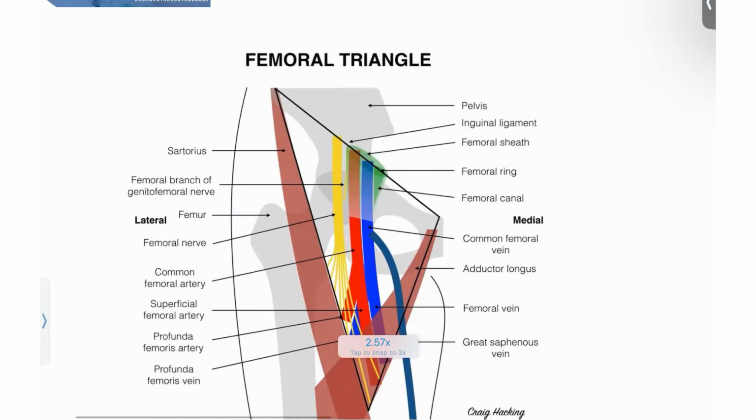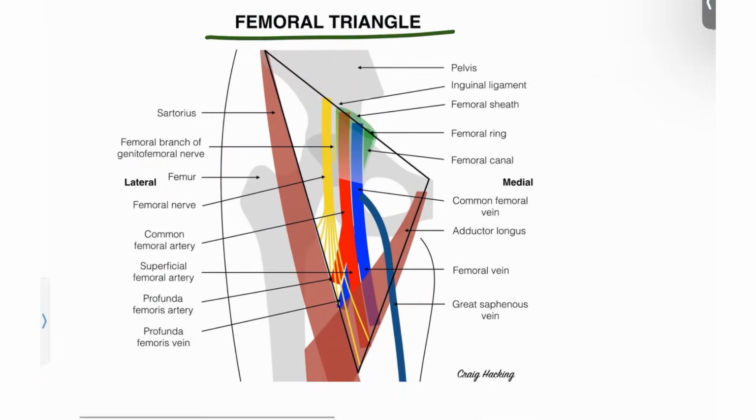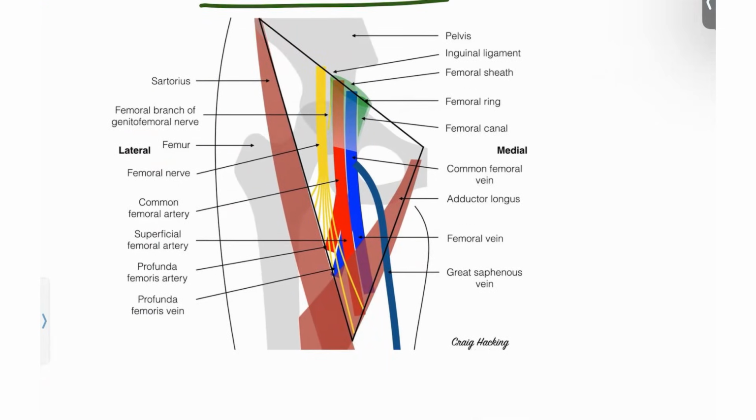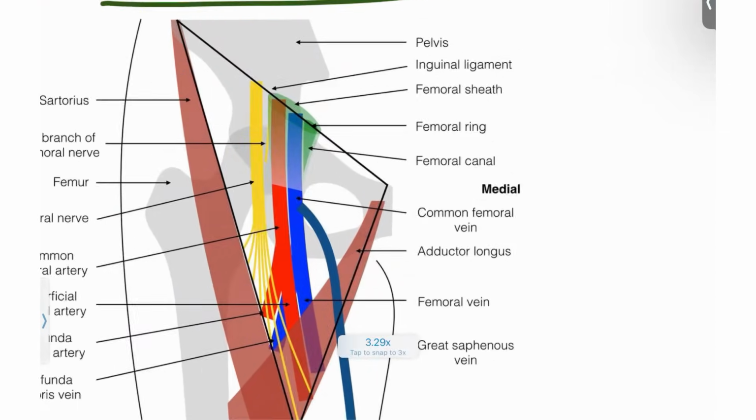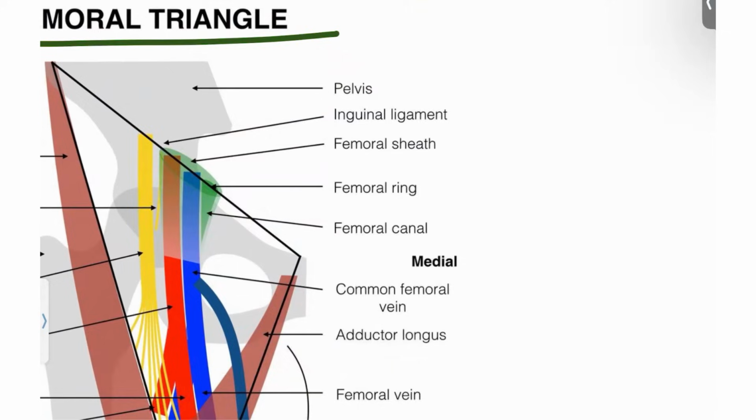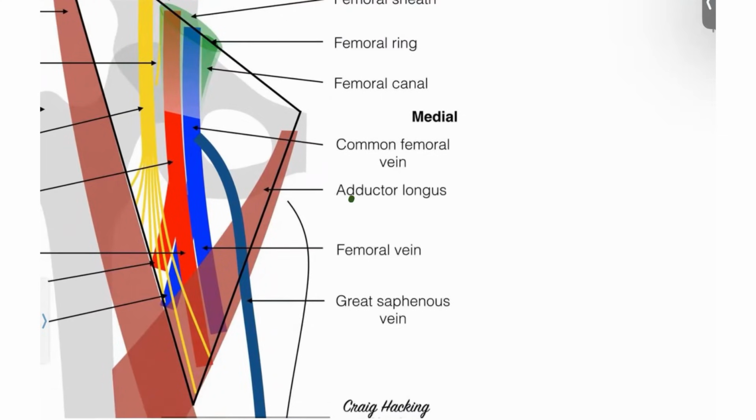Okay, so let's start with the most important triangles and structures. First, you can see this is the femoral triangle, and the femoral triangle has three sides, three borders. That is very important. What is the first one? The superior border is the inguinal ligament. Next, the medial border is the adductor longus.